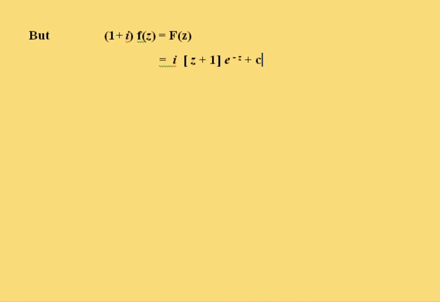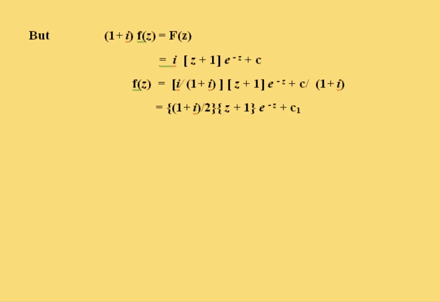Divide both sides by 1 plus i, we will get small f(z), that is i upon (1 plus i) into (z plus 1) e raised to the power minus z plus c upon (1 plus i). This can also be written as (1 plus i) upon 2 into (z plus 1) e raised to the power minus z plus c1. c1 is another constant that is equal to c upon (1 plus i). So here we have found f(z) in terms of z.